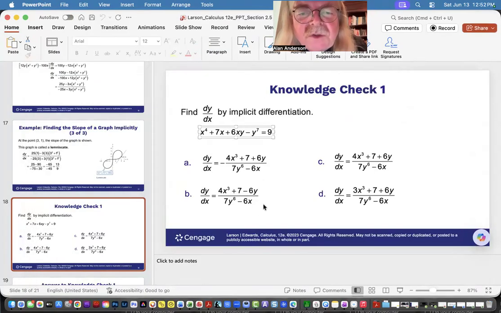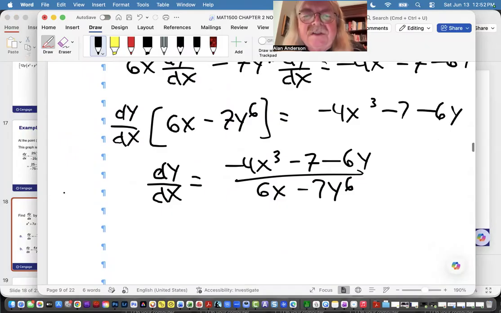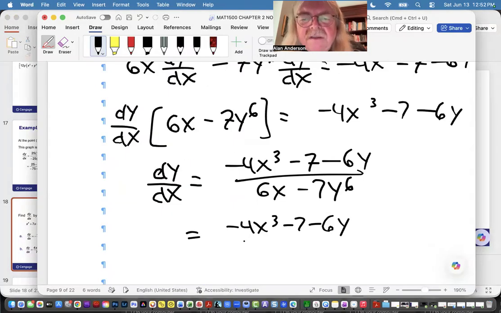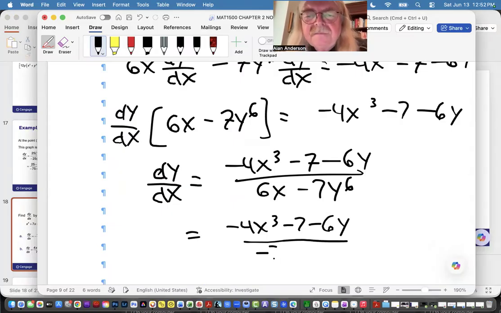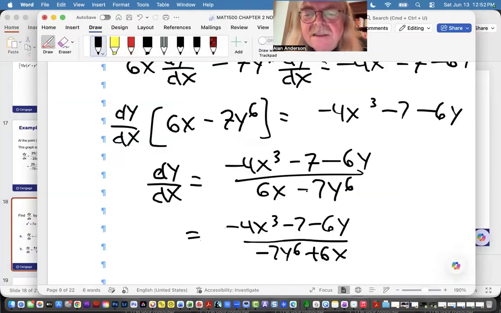Now, this is a multiple choice. So, they may have moved the negative on the outside there. Let me just rearrange it slightly to line up with what they're doing. Yeah, let's see.